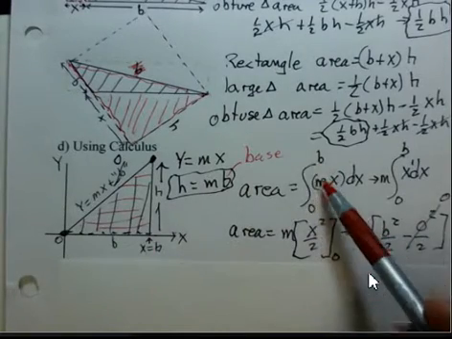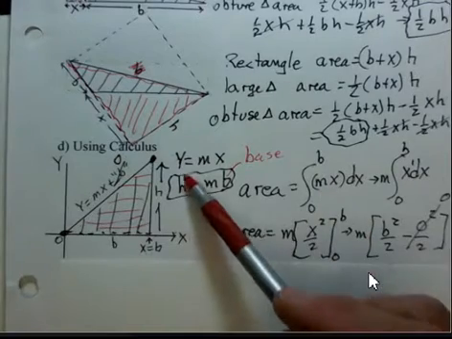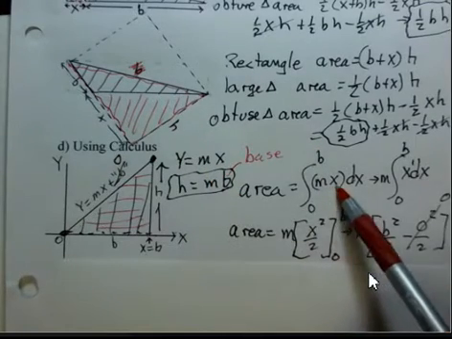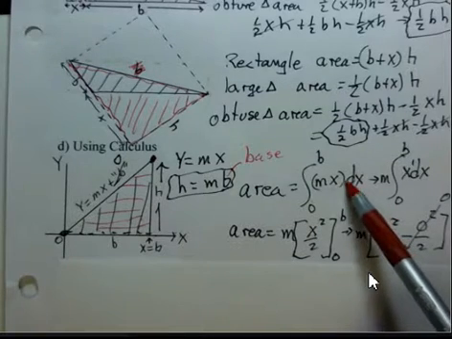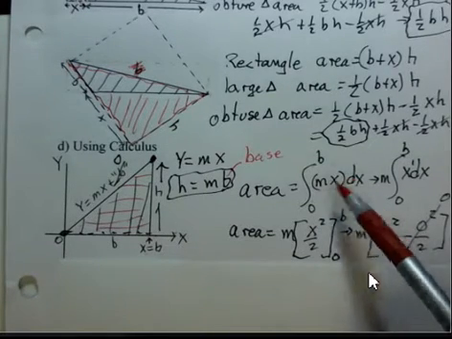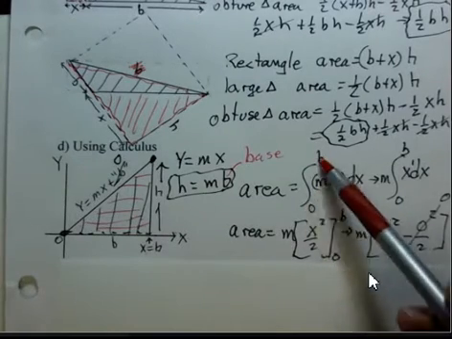Our function that we're taking the antiderivative of is mx, y equals mx. And our notation for the antiderivative, we then have dx as our infinitesimal, and we're going from 0 to b, starting and ending limits.